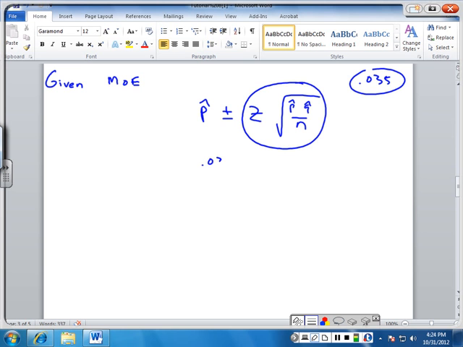So 0.035 equals Z times the square root of p hat q hat over n. Z comes from your confidence, and p will come maybe from a pilot study or something that you did to get that. Or if you don't have a pilot study or a prior estimate, as I'll show you in a minute, you can always use 0.5 in there.